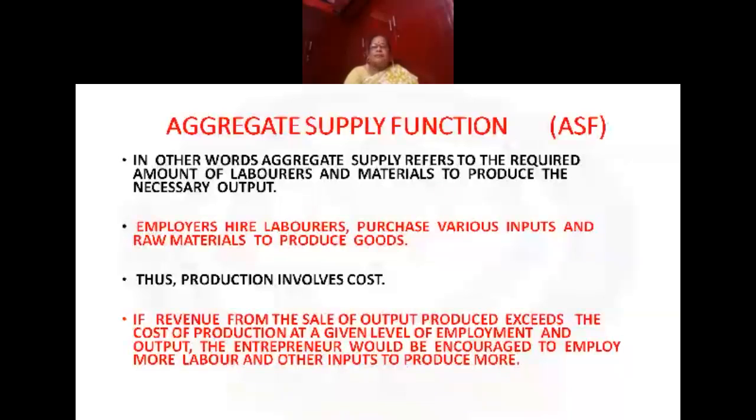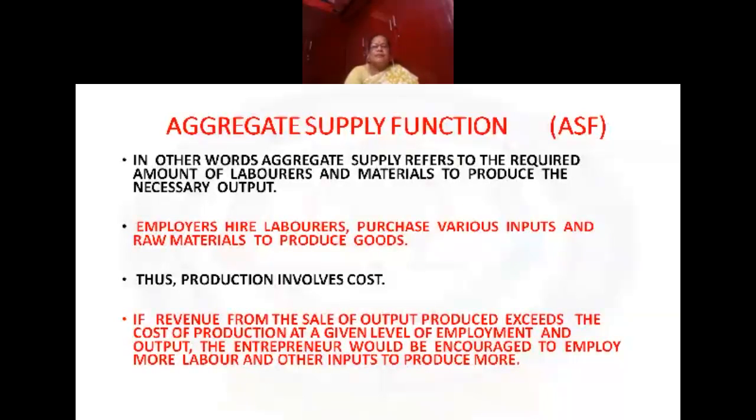Aggregate supply function. In other words, it requires an amount of laborers and materials to produce the necessary output. Employers hire the laborers, purchase various inputs and raw materials to produce goods.